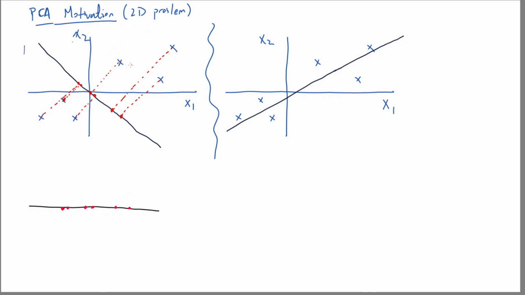Here we have a 2-dimensional problem, and I'm projecting the data in 2 dimensions onto a single dimension, right? Dimensional reduction, we're going down in dimension. And the projection of these 2-dimensional points onto this particular axis looks like this.